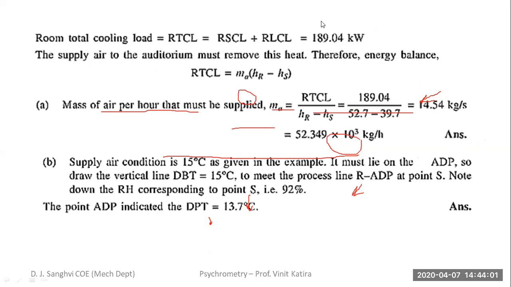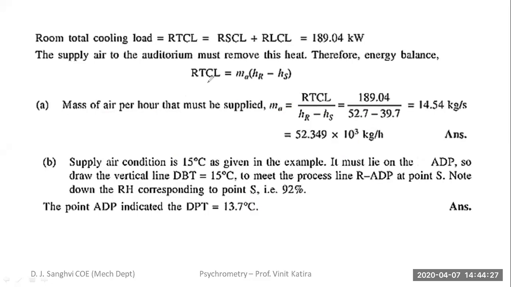So next, our total cooling load or the total heat inside the room is your room sensible heat plus room latent heat. The summation of those two numbers is going to give you your total room heat.